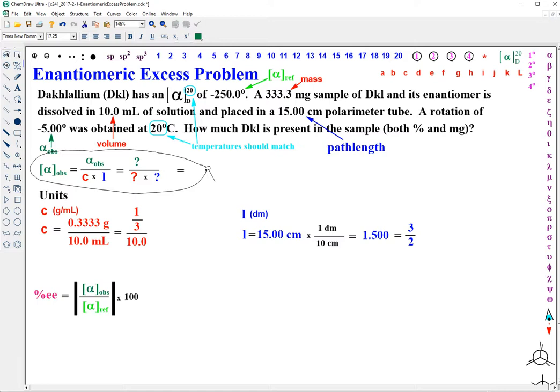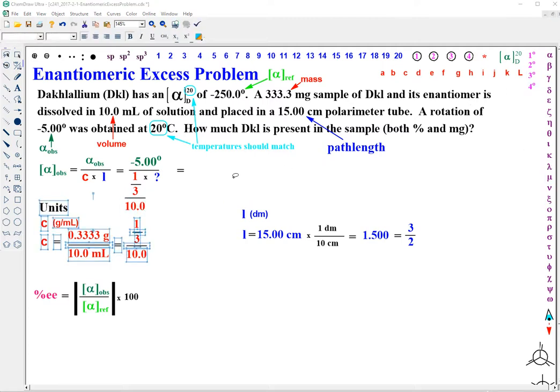In the question, we were told the alpha observed was negative 5.00. We just determined that the concentration is 1 over 3 over 10, and that the path length is 3 over 2. I think we're ready to solve after simplifying.